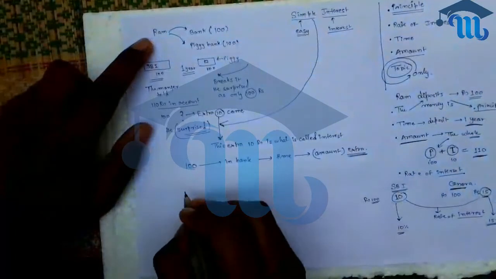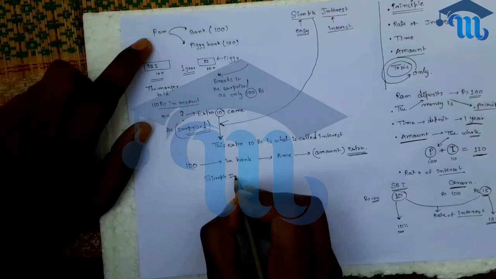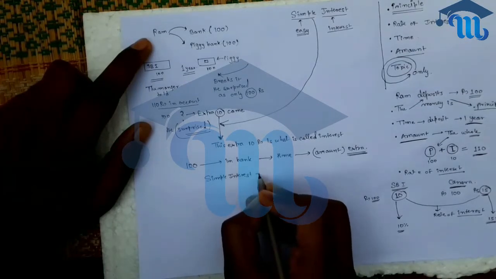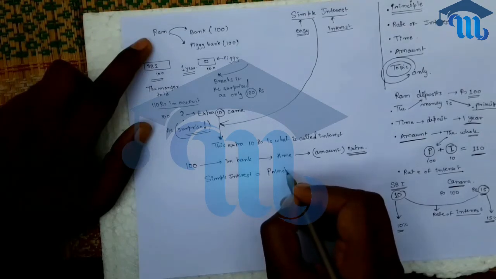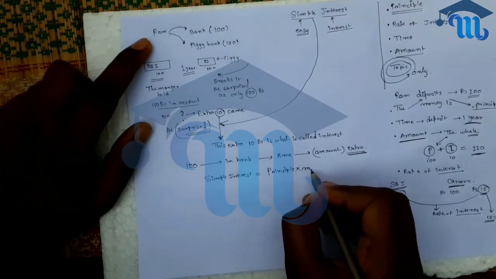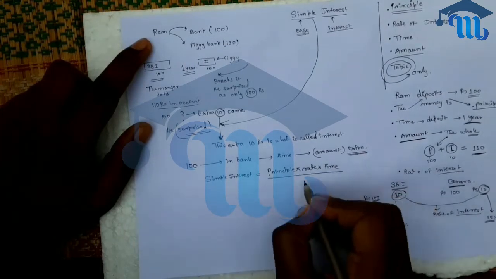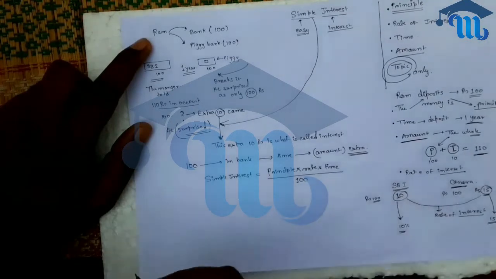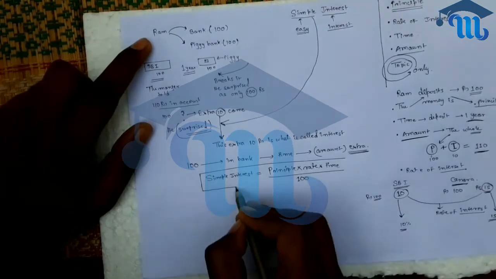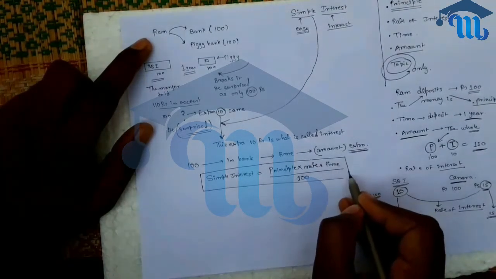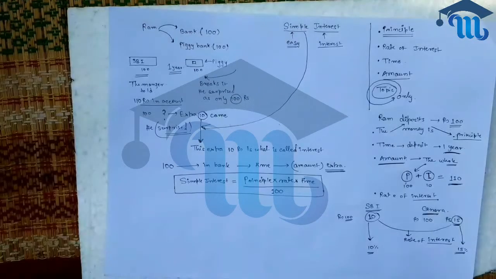So simply, if you want to calculate simple interest, it is principal into rate into time by 100. Was that okay?